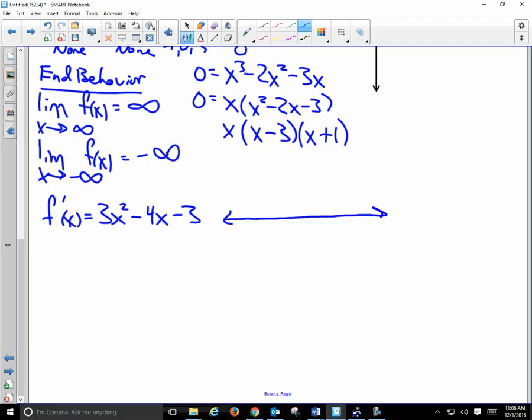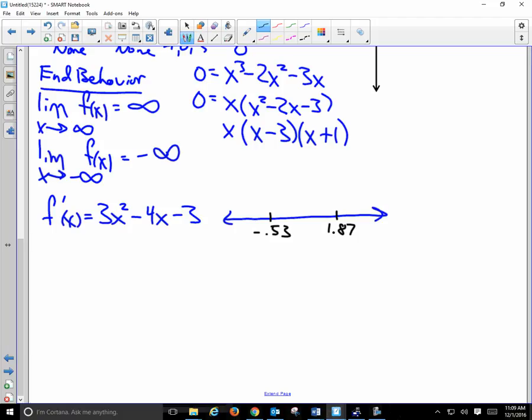I wish it did, but it doesn't. So because it doesn't, what do I have to use? Quadratic formula. Somebody take your calculator, quadratic formula, type in 3, -4, -3. We'll leave it to Maddie. Awesome.